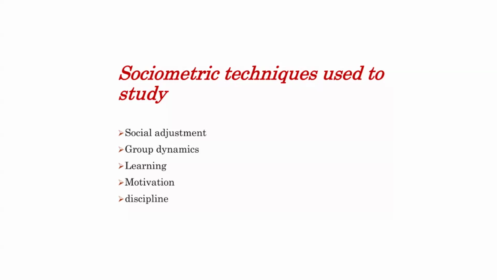In learning, nowadays, I think you have studied, Vygotsky says human beings learn in a social environment, in a social context, rather than learning alone. It motivates us, it helps us, others help us.